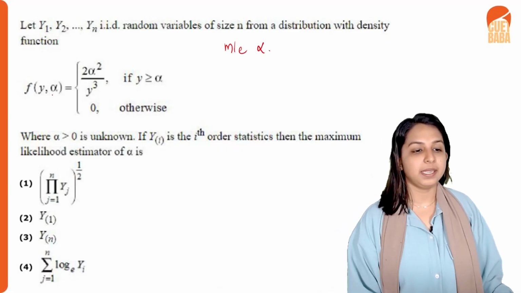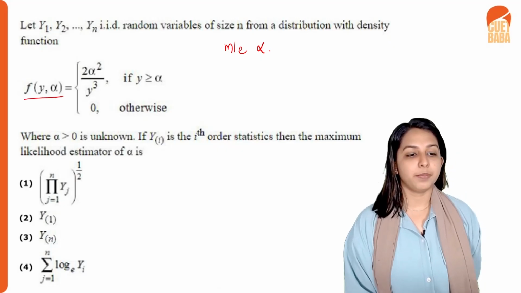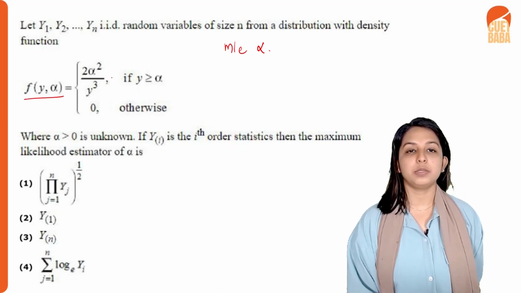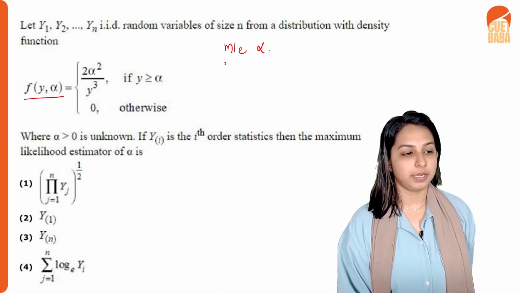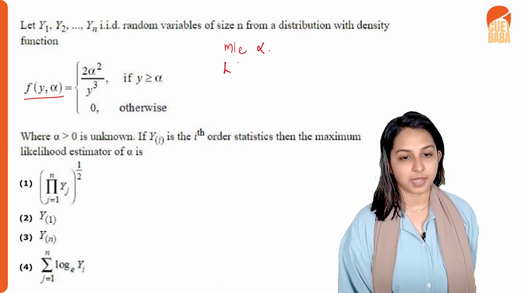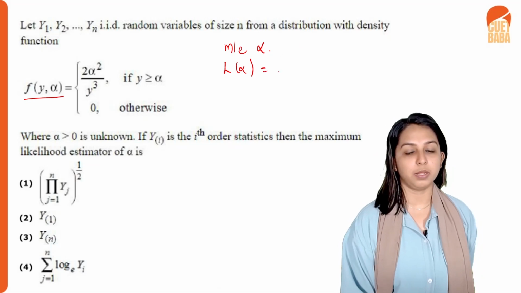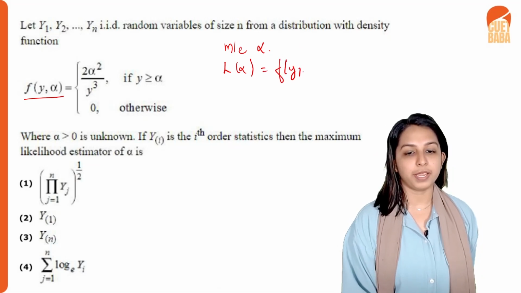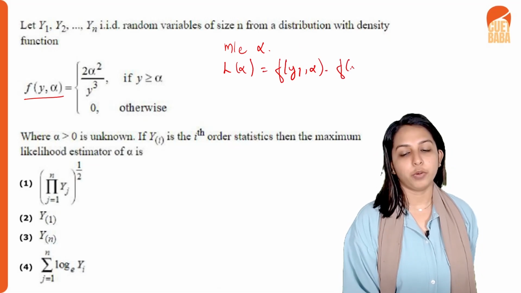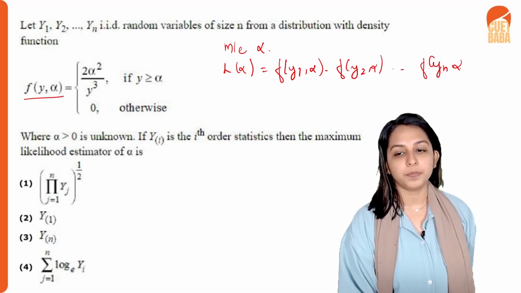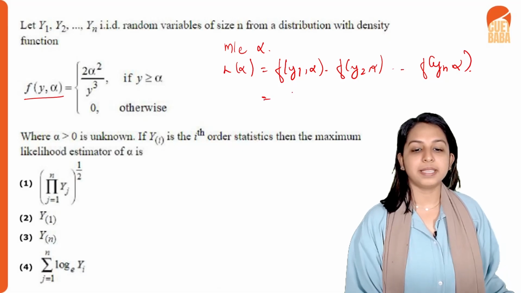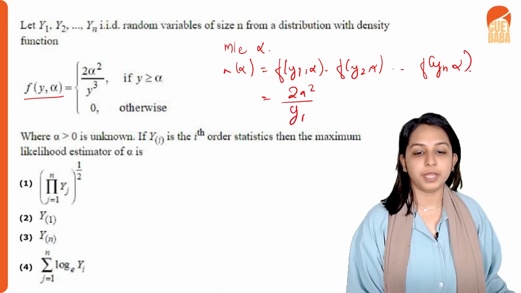So we can see that the density function is given by f_Y of y comma alpha equal to 2 alpha square divided by y cube. So we can take the likelihood of alpha as L of alpha equal to f of y1 comma alpha into f of y2 comma alpha, etc., till f of yn comma alpha. This we will get as 2 alpha square divided by y1 cube, all raised to n.